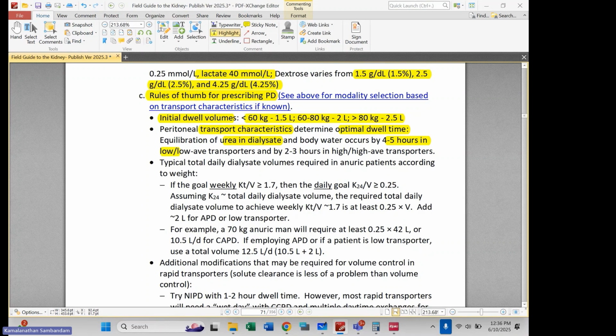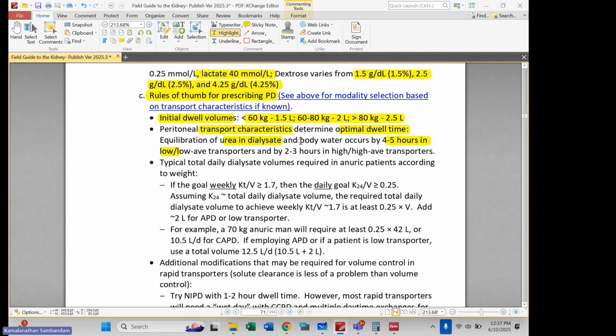So that means as you have dialysate in the abdomen of a low transporter, even at hour 4 and 5, there is still some urea moving from the patient into the dialysate. There's still not complete equilibration by 4 or 5 hours. After 5 hours, you can assume that the dialysate urea concentration has equilibrated with the BUN of the patient.